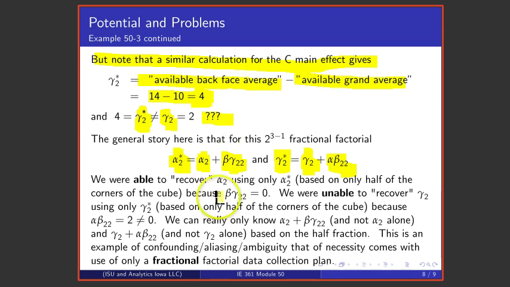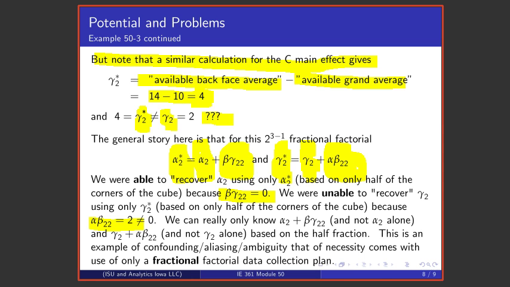And we were able to recover the A main effect as the half fraction main effect because the BC interaction was 0. That is because beta gamma 2 was 0. When we tried the same kind of trick with the C main effect, we were not able to recover gamma 2 using only the half fraction main effect because the AB two-factor interaction is not 0.